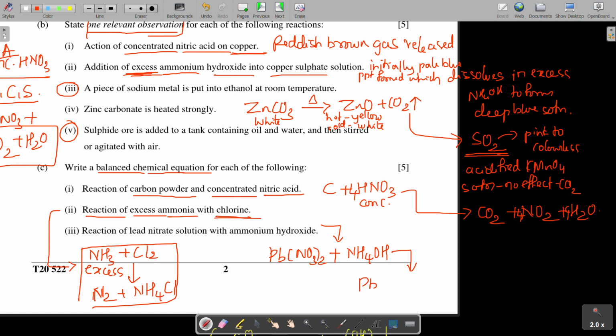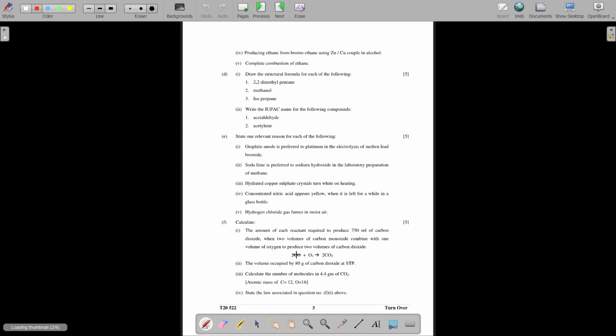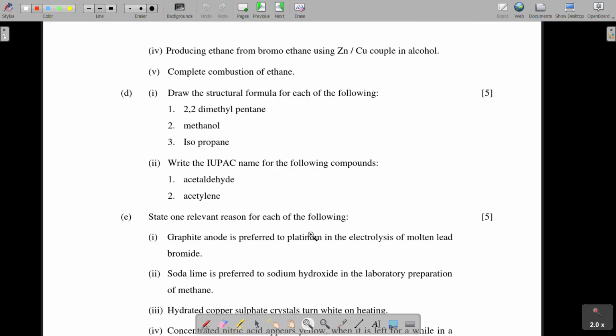You will get Pb(OH)2, which is a precipitate, plus NH4NO3. That will be your skeletal equation, so you just have to write 2NH4OH and 2NH4NO3 to balance it. Next question, the balancing equation.